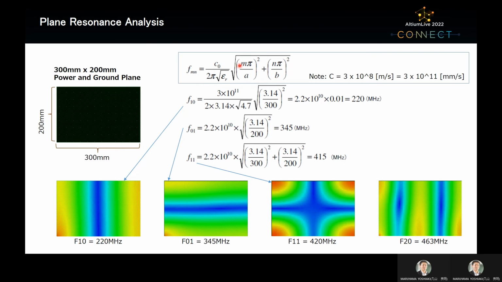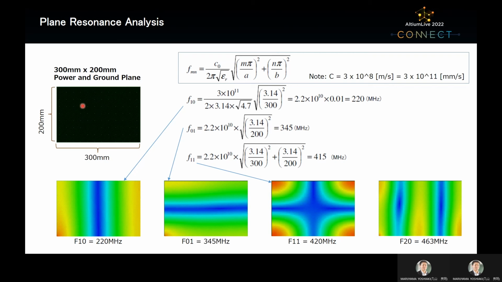And M and N are natural numbers of 0 or larger. For example, suppose that A is 300 millimeters and B is 200 millimeters, and the MN mode is calculated.